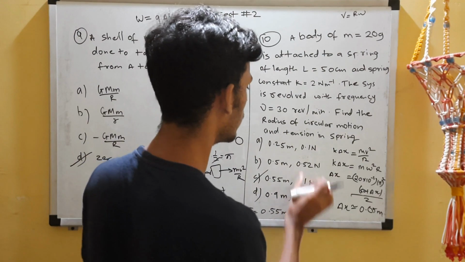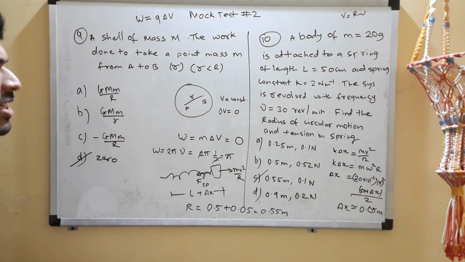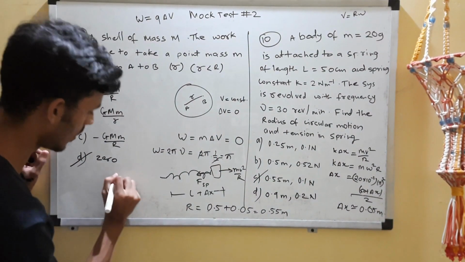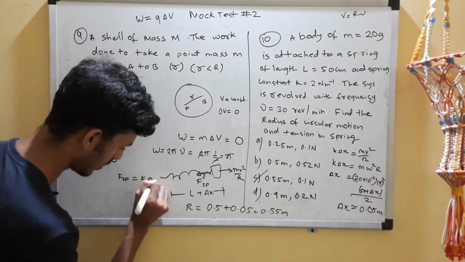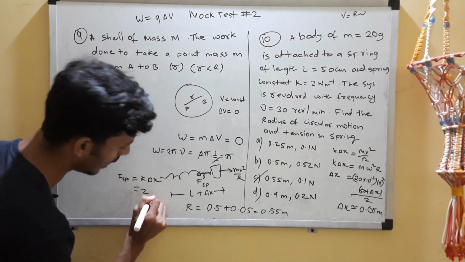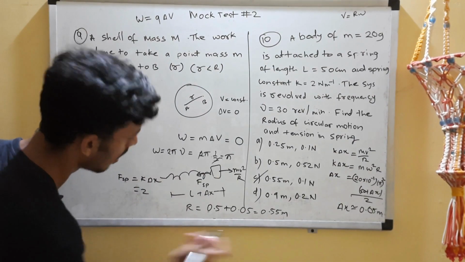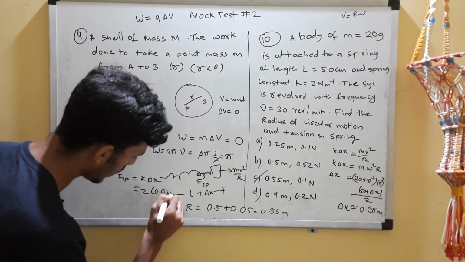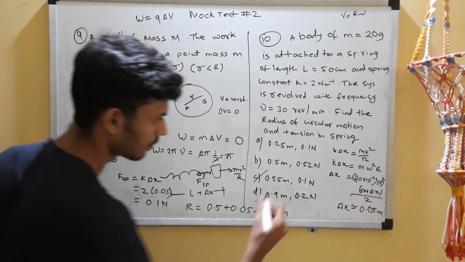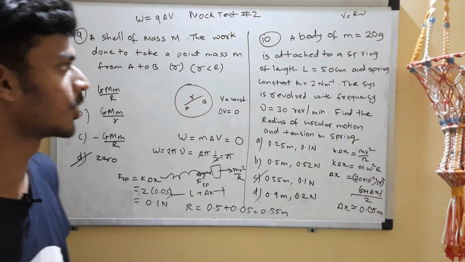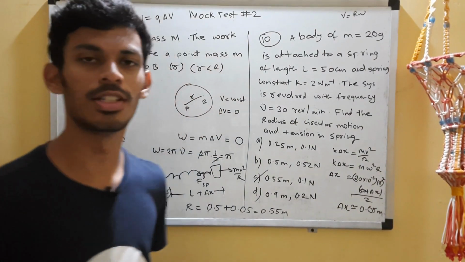We'll also find the tension in the spring. Tension basically means the spring force over here. Spring force is nothing but k delta x, right? So k is 2, and delta x, the extension, is 0.05. So 5 twos are 10, that will be 0.1 newtons. So yes, option C is the correct choice over here. I hope this was simple to understand.